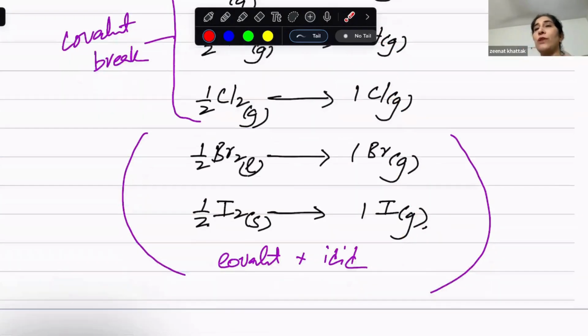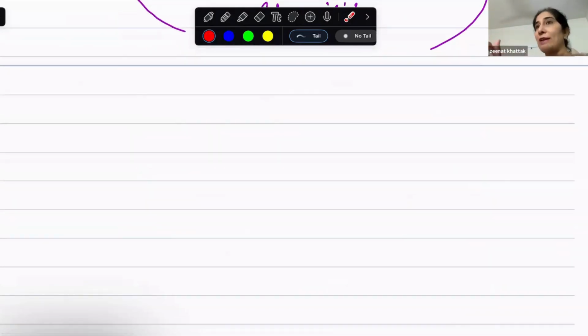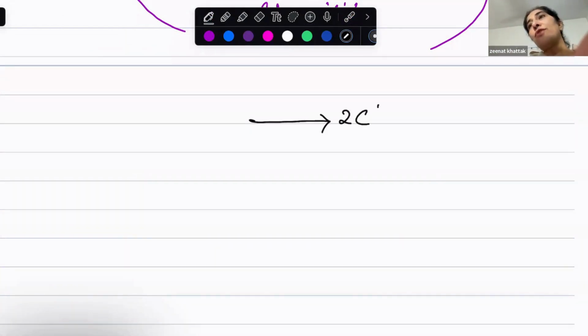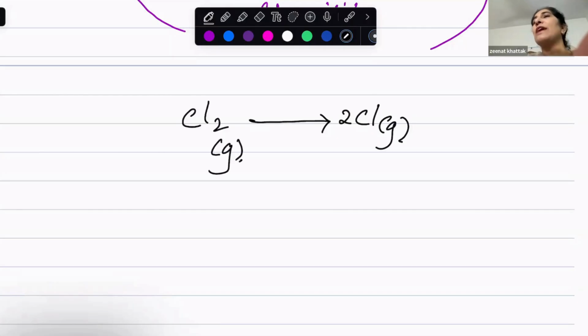Now, I'm going to link the bond energy and the delta H atomization. Suppose I'm making 2 moles of chlorine. Look, I'm making 2 mole of chlorine atom from its element. Is it 2 mole of atoms?